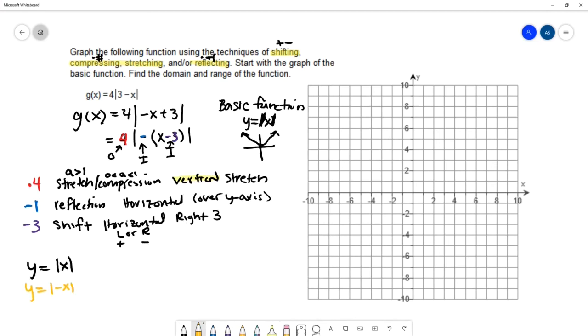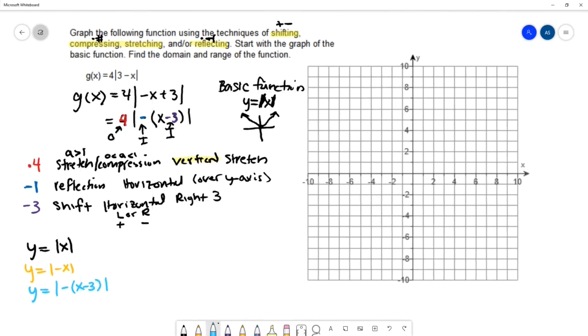And this is going to show our horizontal reflection. So then I will graph y equals absolute value of negative x minus 3. And this is going to shift our graph to the right 3. And then finally, I'll draw the graph of y equals 4 times the absolute value of negative x minus 3. And this will include all 3 transformations.